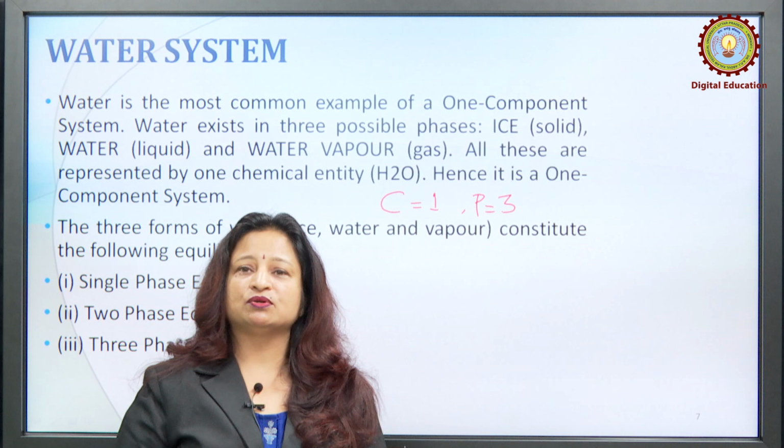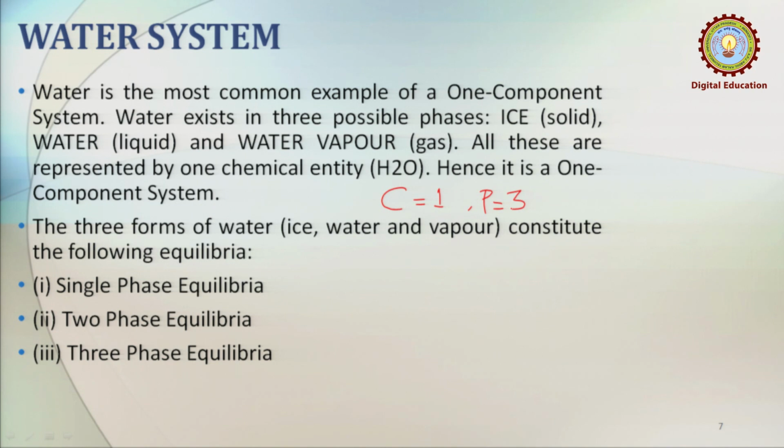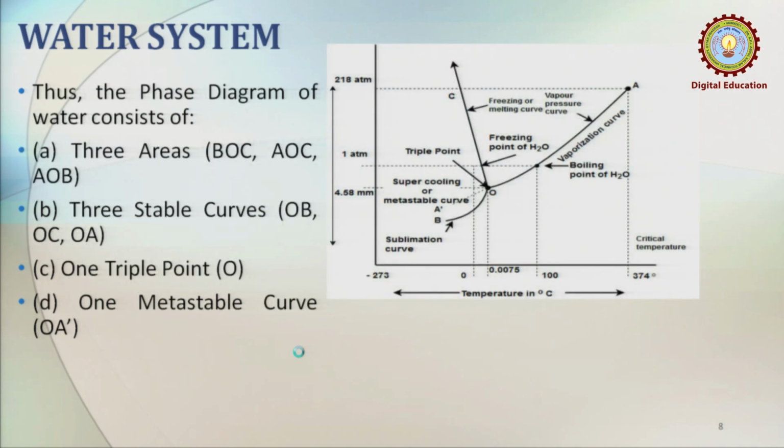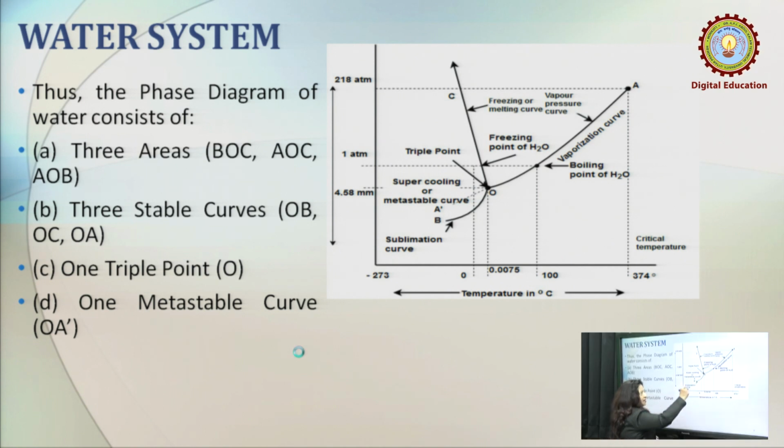And now if we talk about different areas and curves, we have to consider 3 equilibria present in the system: single phase equilibria, 2 phase equilibria and 3 phase equilibria, as we have already discussed earlier. Now this diagram represents the phase diagram of a water system. This is a pressure temperature diagram. Along the x axis you can see the temperature and this is the pressure. There are certain areas, right.